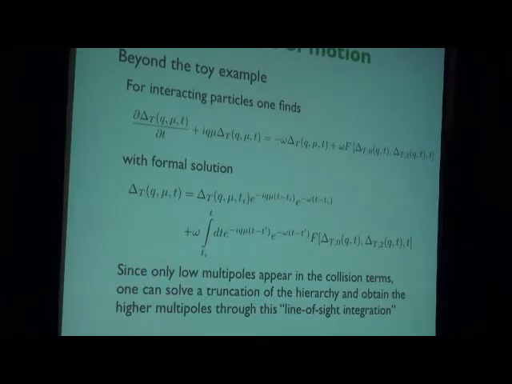Just describe your gas of dark matter particles in this way. But then you will see if you have a dark matter particle that's really cold, so it's non-relativistic, all the higher multipoles in this will be suppressed, and you're left with the hydrodynamic equation. So that's what happens for the dark matter. But in principle, if you want to include interactions there for the dark matter, you can. But later on, when I talk about the cold dark matter, I will assume it's collisionless. Does that help?